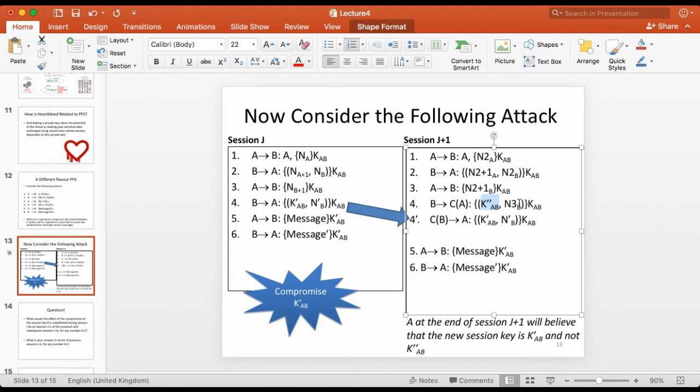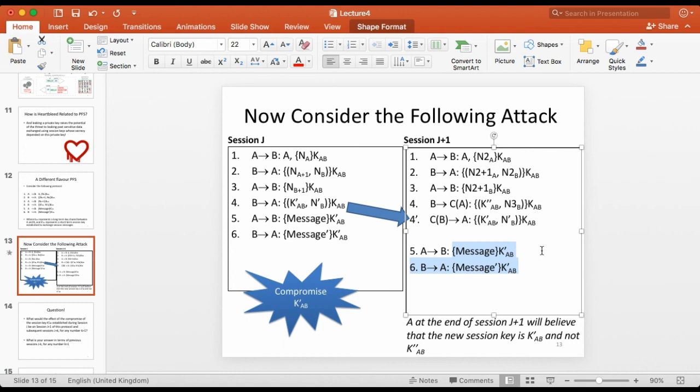Now, if you notice, what we said earlier is that that key was compromised, and therefore both of these two messages encrypted with K prime AB will also be compromised by the attacker.